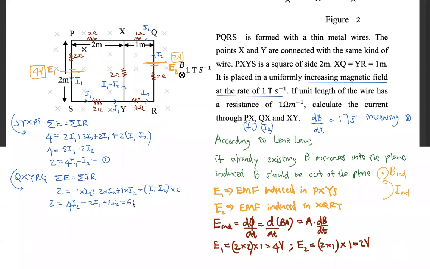Therefore, that is 6I2 minus 2I1. Finally, when you divide everything by 2, the equation is 1 equals 3I2 minus I1. Second equation. If you wish, you could have applied it for the outermost circuit as well. Up to you. At the end of the day, you will get equations like this. Then what do you think we can do? We have to find I1 and I2.